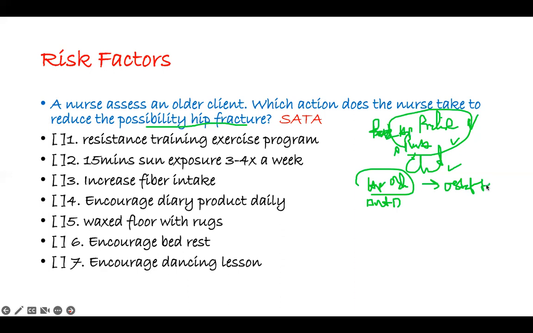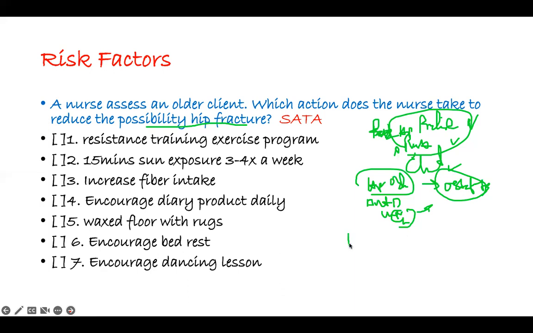That's the only thing they're asking you. An older patient, that will cause his hip fracture. So they lack vitamin D and calcium, which are the risk factors for hip fracture. This will increase their bone mineralization, and that will improve the strength of the bone.